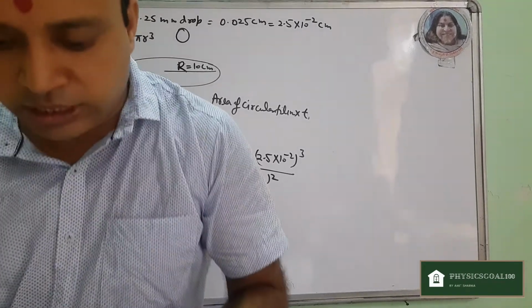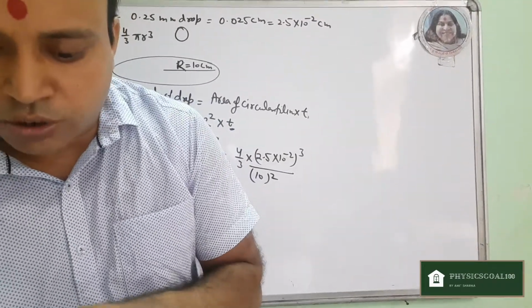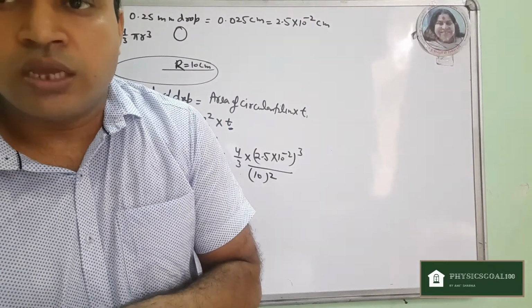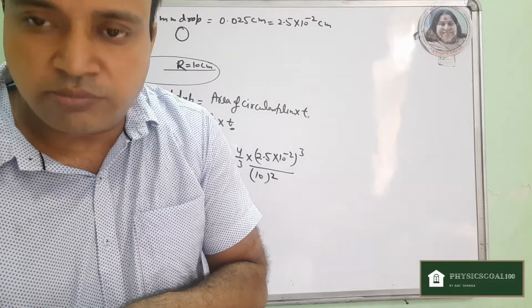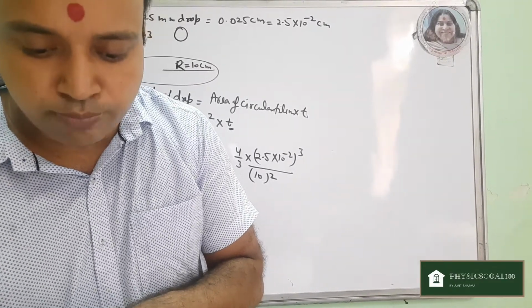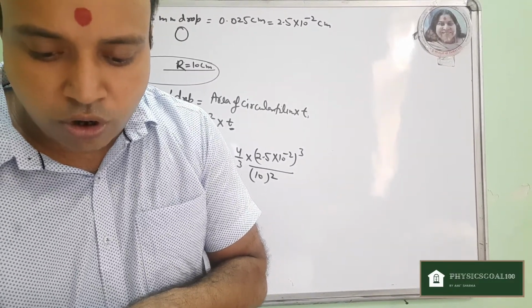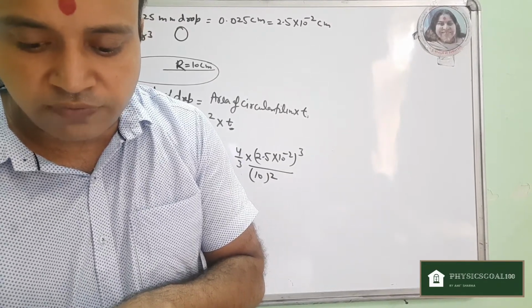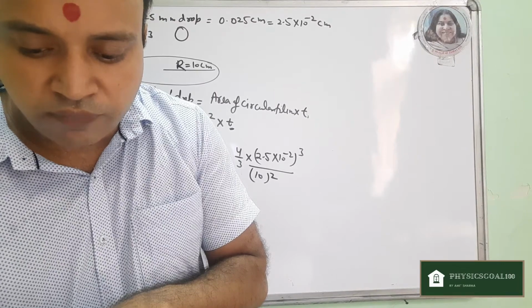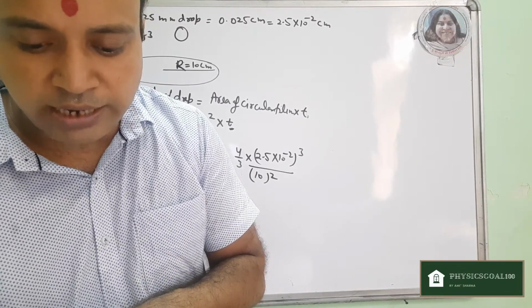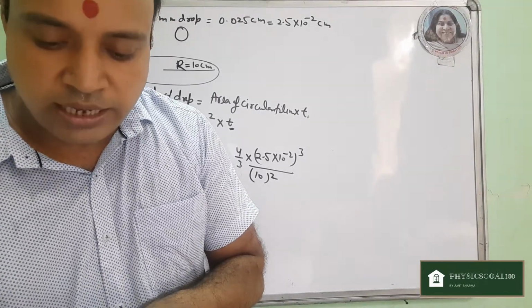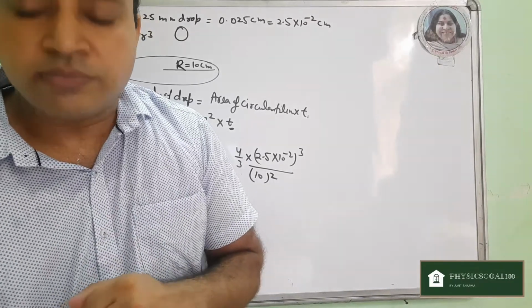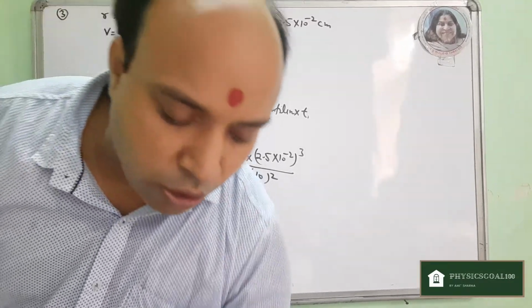One more question is, if the size of a nucleus, that is 10 की power minus 15 meter, is scaled up to the tip of a sharp pin, 10 की power minus 5 meter, what roughly is the size of an atom? Means what he is saying, he is just giving magnification.